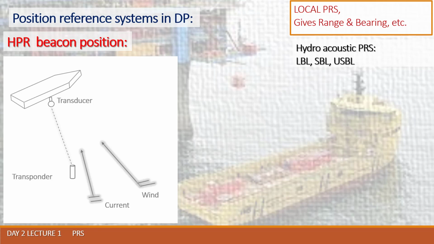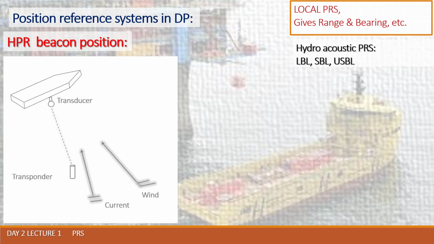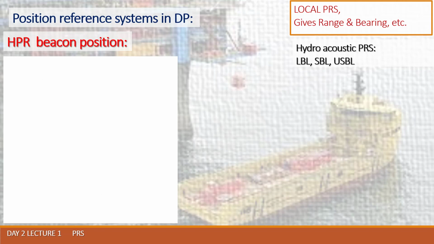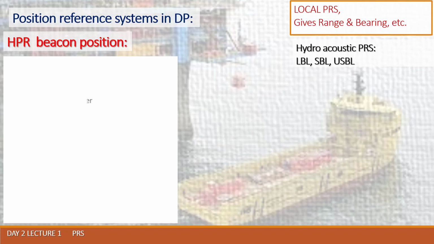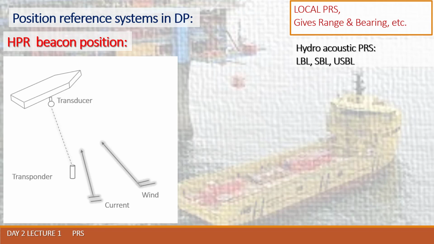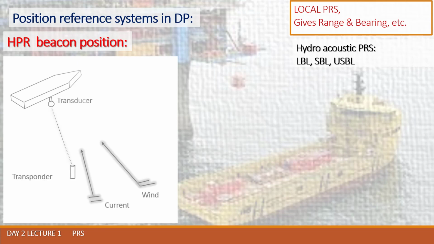Always, if operational conditions permit, vessels should keep the HPR buoys or transponders in an upwind, upcurrent position, when the environment blows the noise away. This is a general recommendation about installation of the sea bottom beacon and the relative vessel position during the operation with the use of HPR.